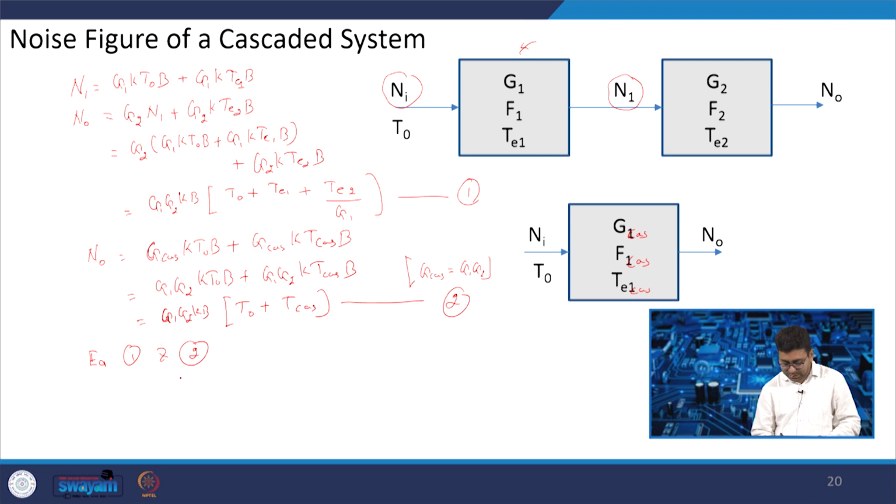Then what we will get: T0 plus T cascaded equals T0 plus TE1 plus TE2 by G1. T0 will be cancelled out, and your T cascaded is equal to TE1 plus 1 by G1 TE2.